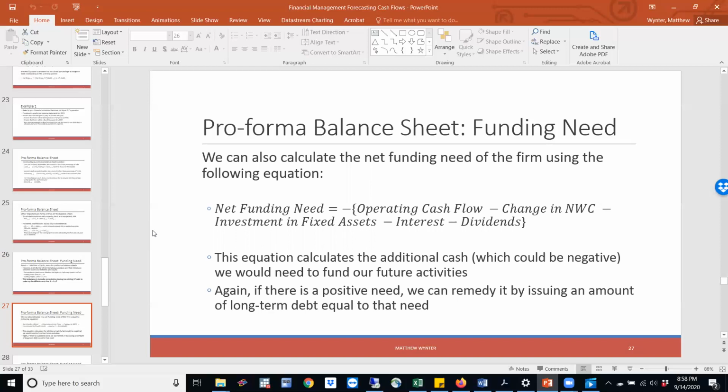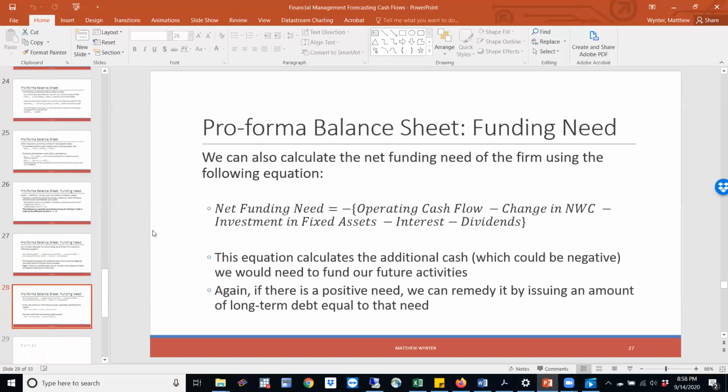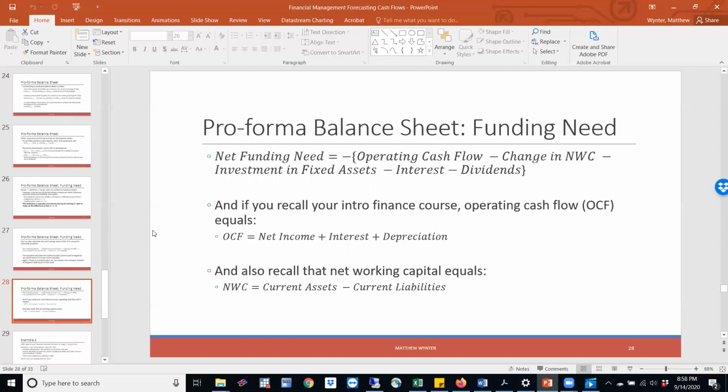Again, if there is a positive need, we can remedy it by issuing the amount of long-term debt that is needed. You may recall from your intro finance course that your operating cash flow is your net income plus your interest plus depreciation, and your net working capital is your current assets minus your current liabilities.